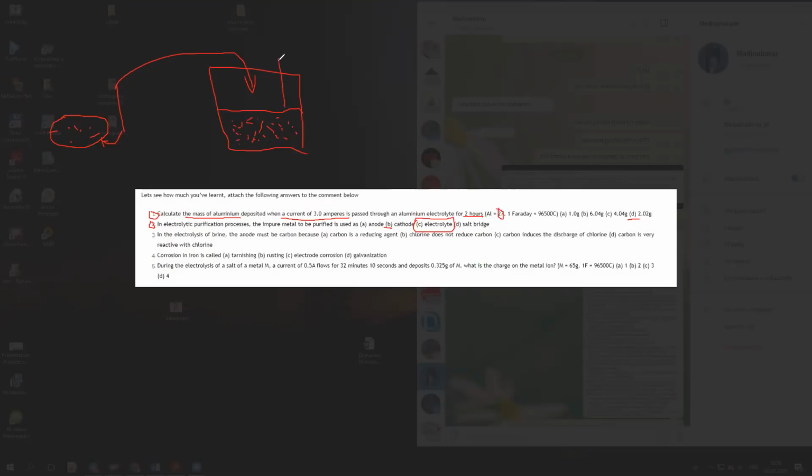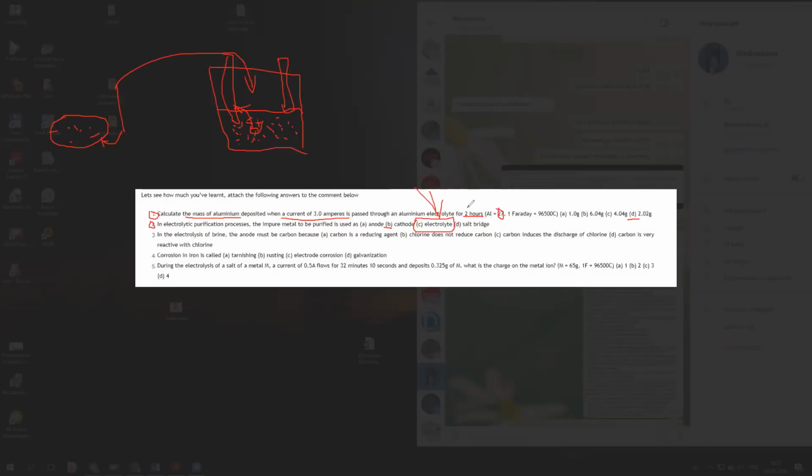And then you can purify this in the solution, because the metal ions form, and then they can be attracted to the electrodes. Okay, you have to say the electrolyte.